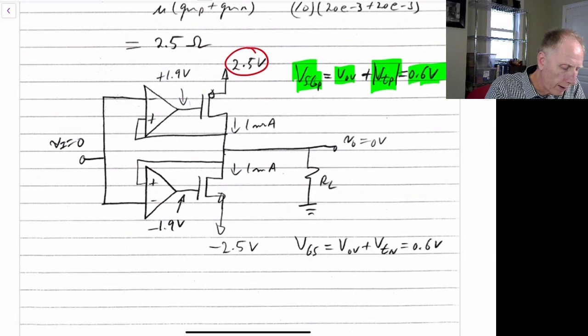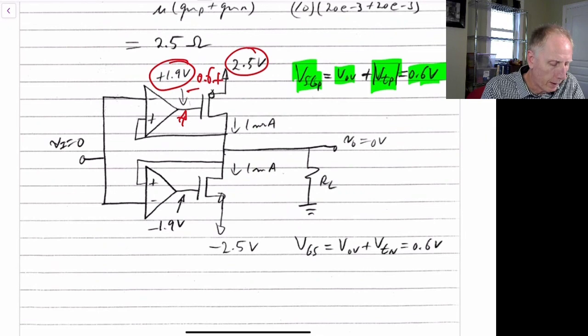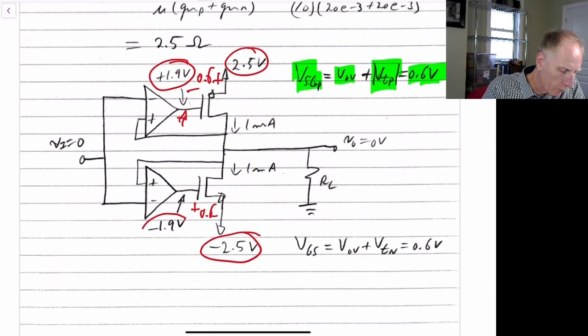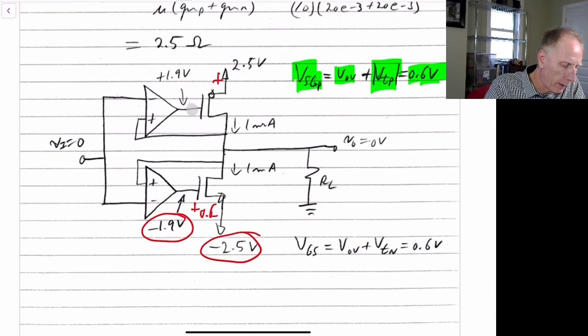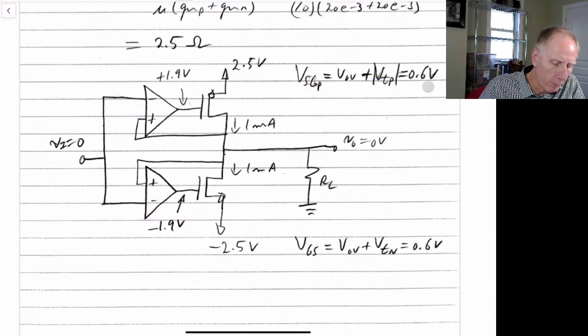So if this is 2.5 volts, this is 0.6, so the voltage at the PMOS transistor will be 1.9 volts. If this is negative 2.5 volts, this will also be 0.6, so this will be negative 1.9 volts. And that will be our bias condition when the input and output are both equal to 0.